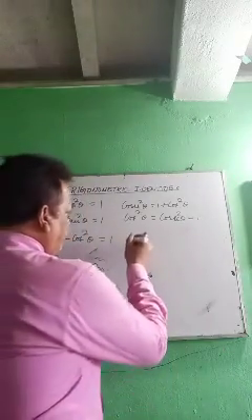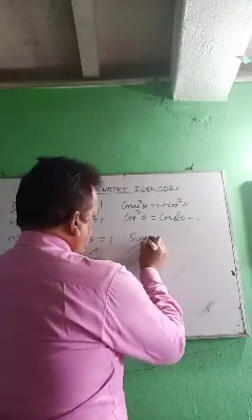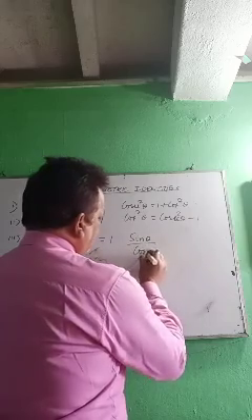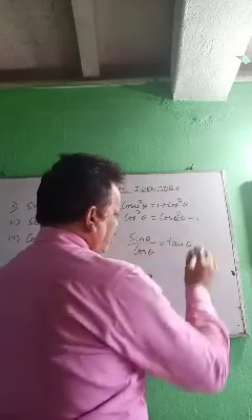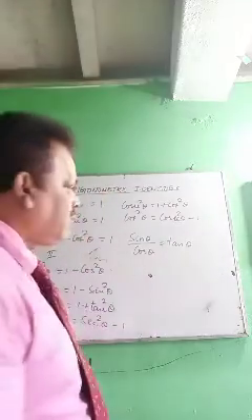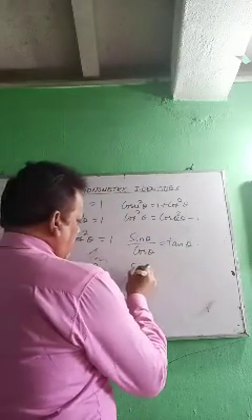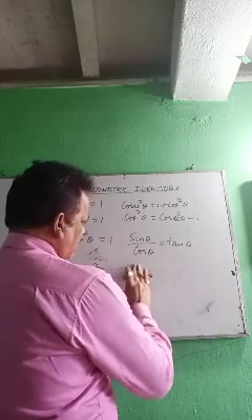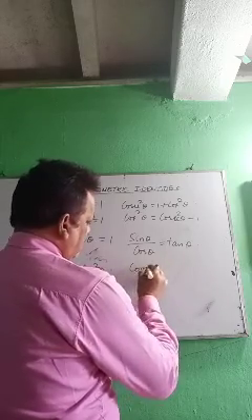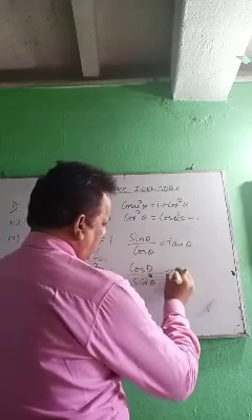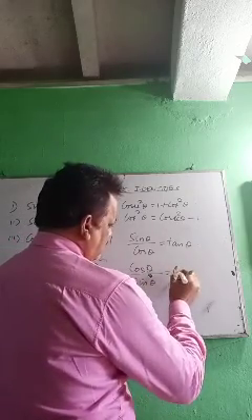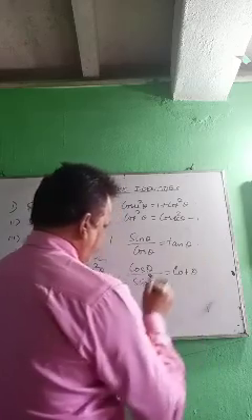The other one you see: sin theta by cos theta equals tan theta. This also you have to remember. Cos theta by sin theta equals cot theta.